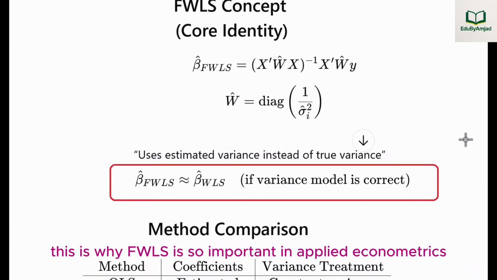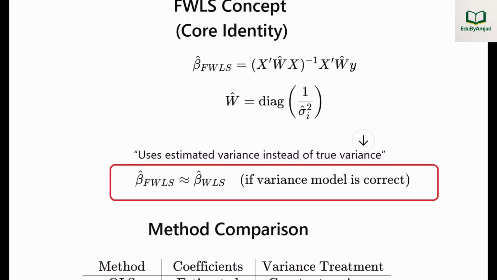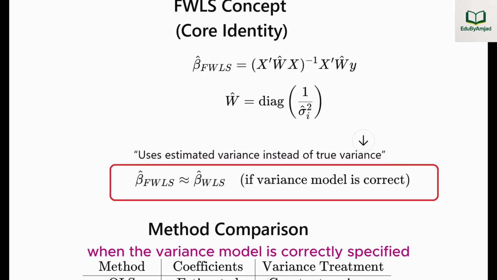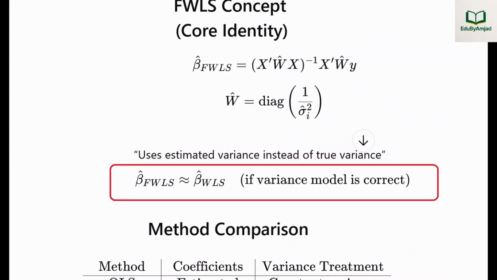This is why FWLS is so important in applied econometrics. It allows us to improve estimation efficiency even when the variance structure is unknown. When the variance model is correctly specified, FWLS produces estimates that are close to the optimal WLS estimator.